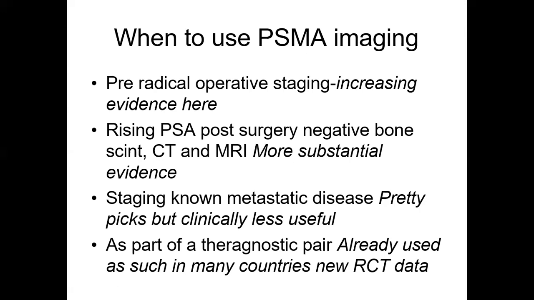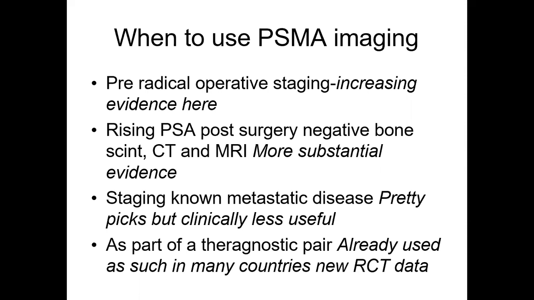And MR has traditionally been used, but we know that MR is not good when lymph nodes are normal sized. So here, PSMA imaging is proving to be increasingly useful. Also, in those patients who have small metastasis, they can have more radical radiotherapy post-surgery.